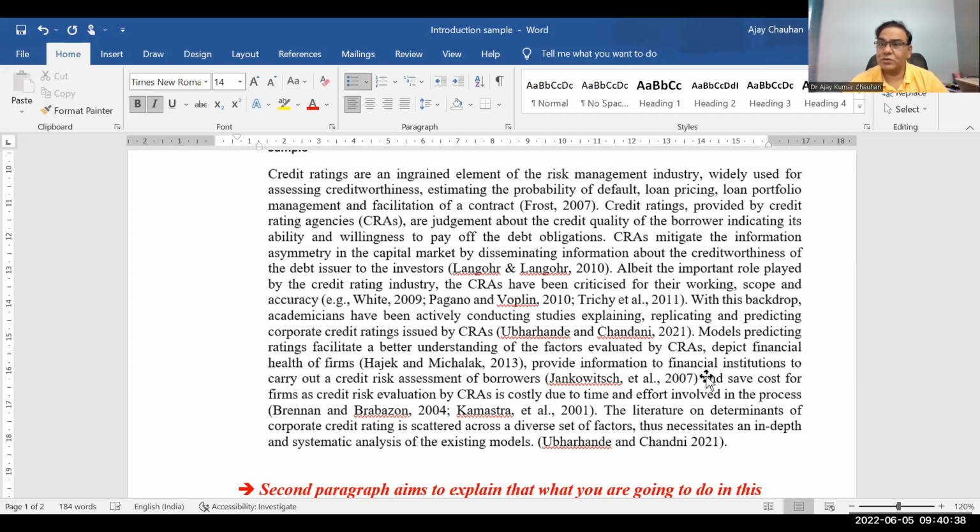So don't use these kinds of words, because it is the editor who decides whether to publish the paper or not, not you who says that this topic is most important. No. So the way you have to write the first paragraph, and because I'm helping you to publish the paper, whenever you write the first paragraph, I will tell you what is wrong and what is right in this paragraph.